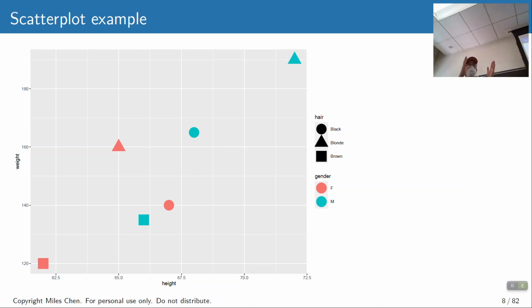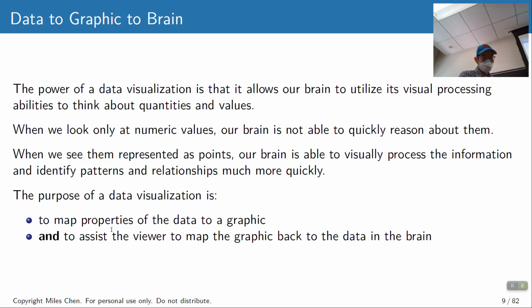It's hard to look at numbers alone and identify whether a trend is linear or not, whereas when you turn them into plots, you can identify that very quickly. Okay, and so that's what's happening in a data visualization, is we're utilizing our brain's power to process visual information.